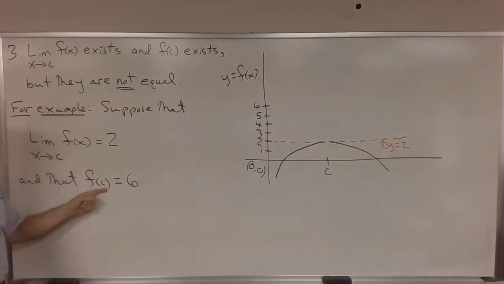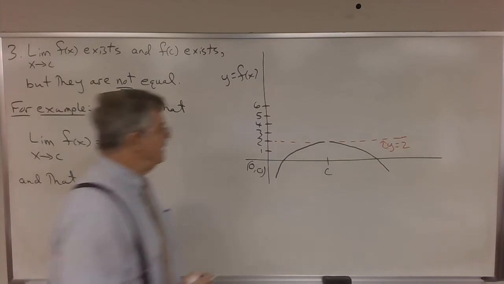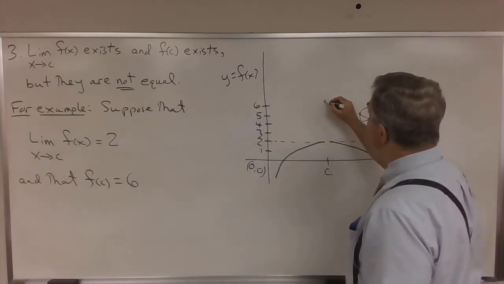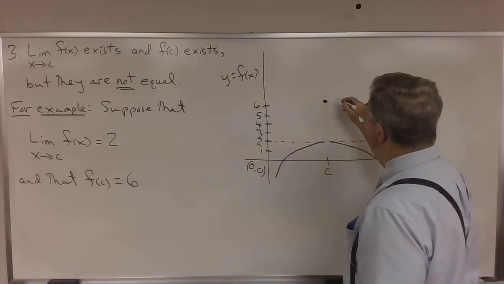But this statement does tell us what happens at x equals c. This statement says when x equals c, f of x, the y value, equals 6. So let me plot that. Here's x equals c, and here's f of x, the y value.